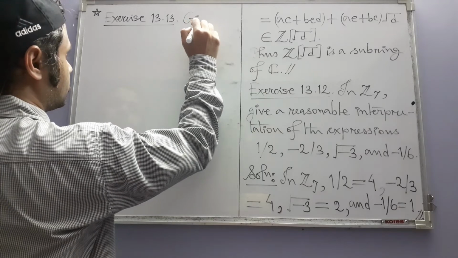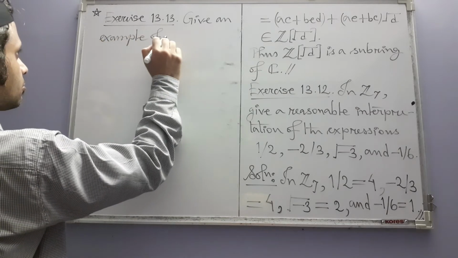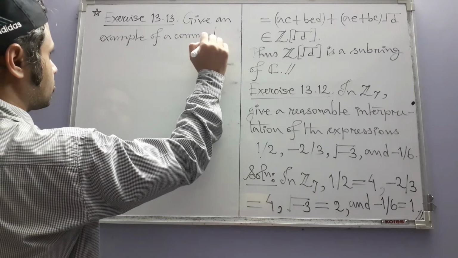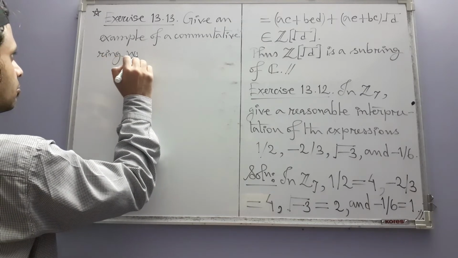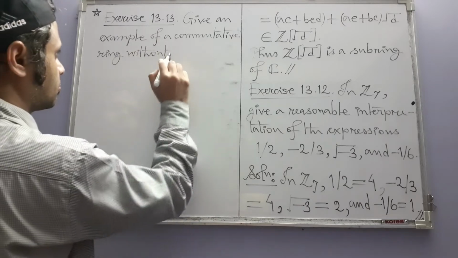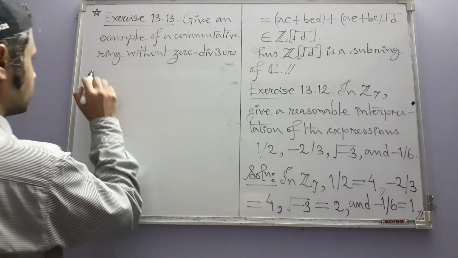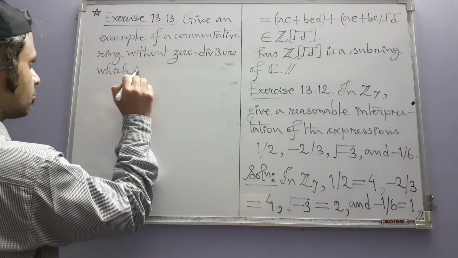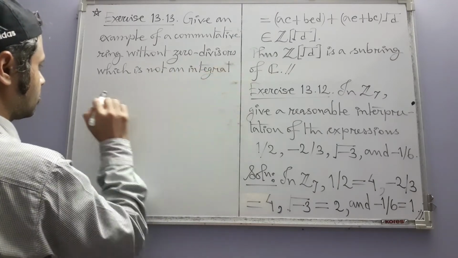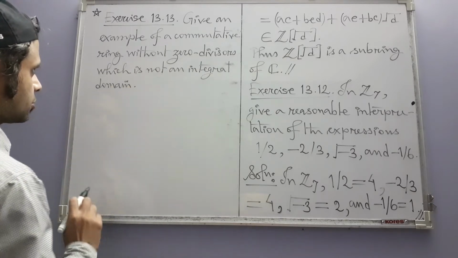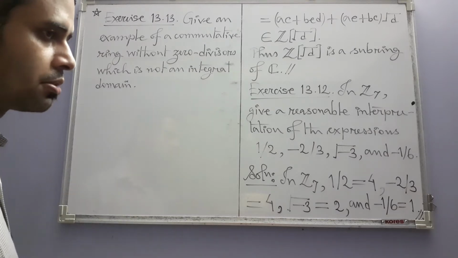Okay, so we need a commutative ring which has no zero divisor, but still it's not an integral domain.